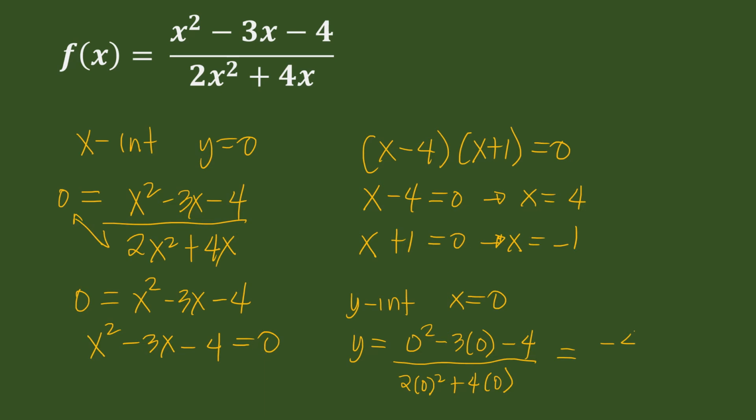So the numerator is -4 and the denominator is 0. So we have here undefined. So it means that we have no y-intercept. So there is no y-intercept in our given rational function.